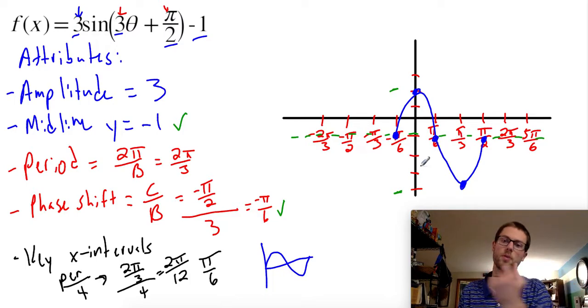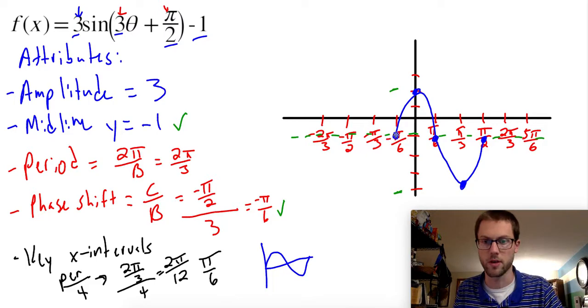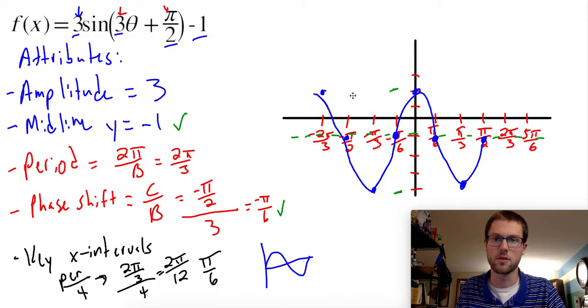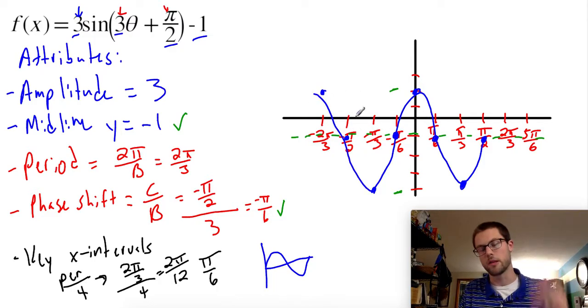Let's go one period in the left direction as well, just to complete this thing to get a good picture of it. So if I go to the left, I'm going to go down to start off, back up to the middle, and then up to the top here. And I can complete this picture to look something like this. So I missed that point a little bit, but you can get the picture.